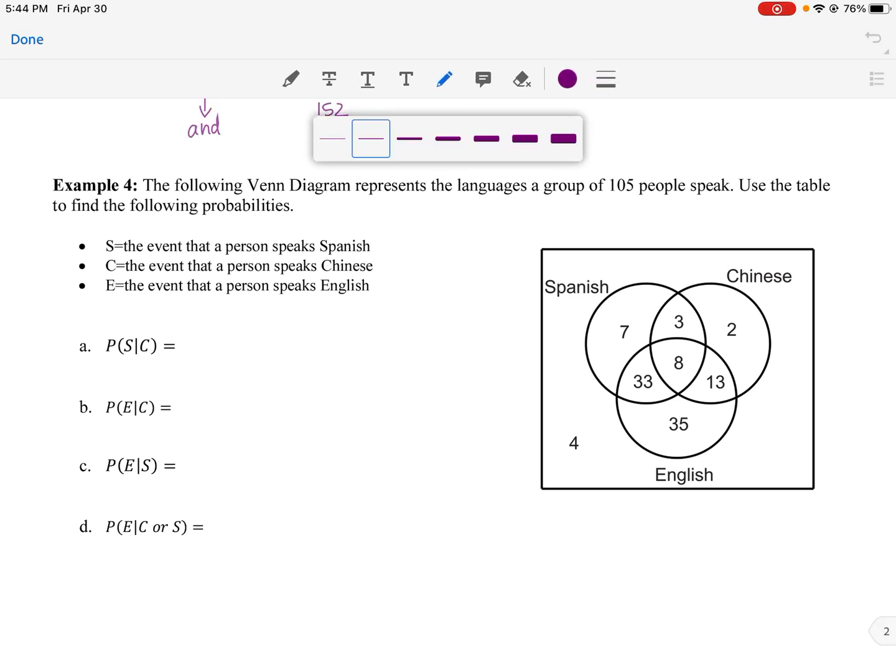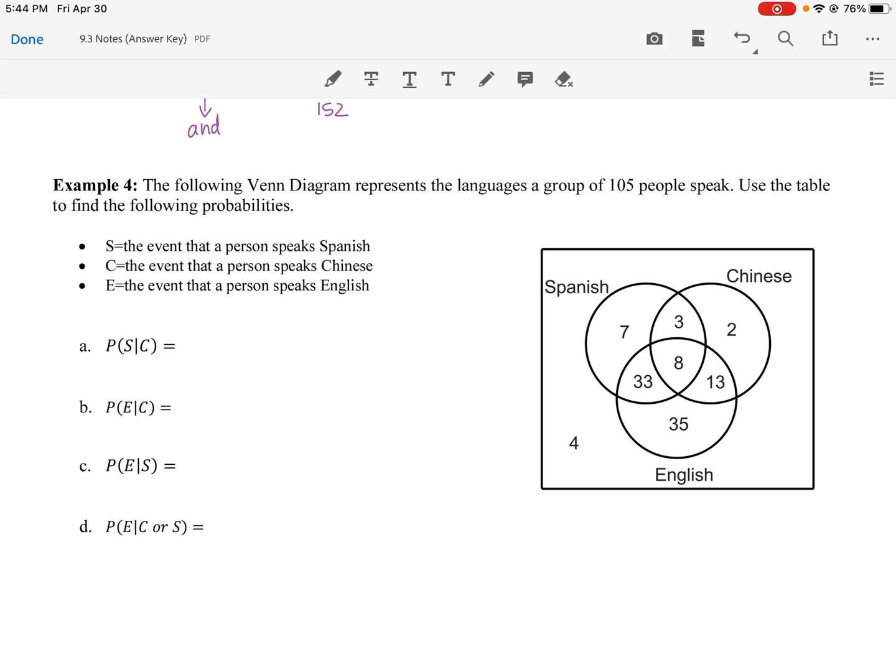Okay, so as we look at this first one where it says the probability of Spanish given Chinese, we're looking just at the Chinese group and we're saying how many of those people do Spanish, right? So we're just focusing on this one circle.